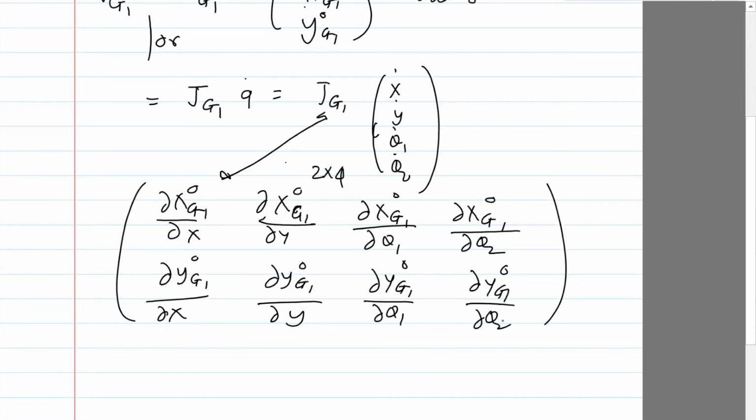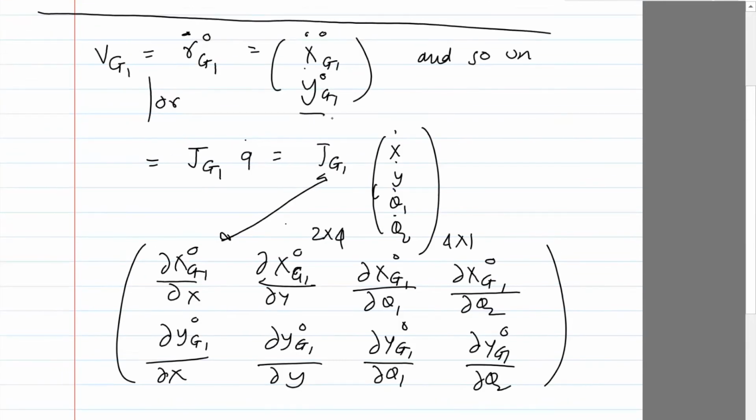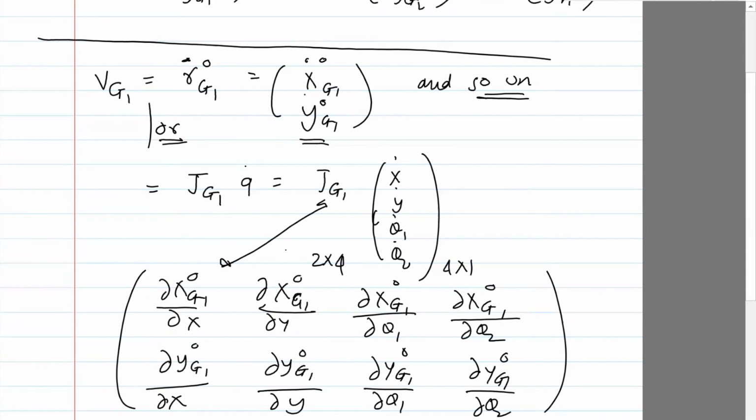And then if you multiply it with this 4 by 1 matrix, you'll end up with a 2 by 1, which is precisely what will be over here. So you can do it using the Jacobian or using the derivative. And you'll have to do the same thing for the velocity of H and so on. Okay, so that's the hardest part. The easier part now follows.